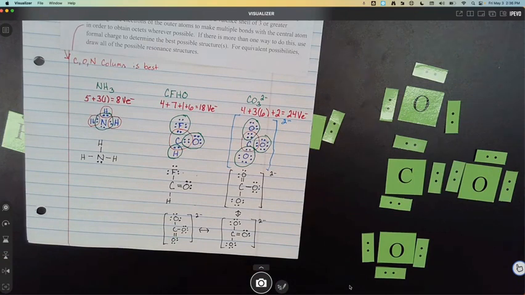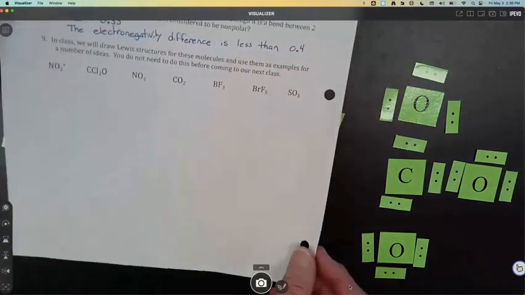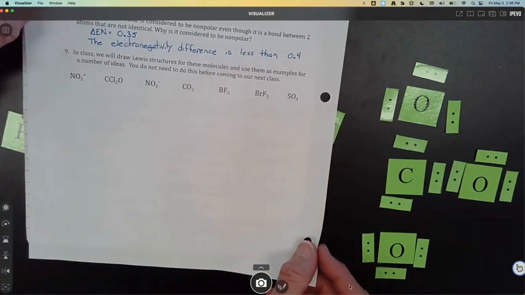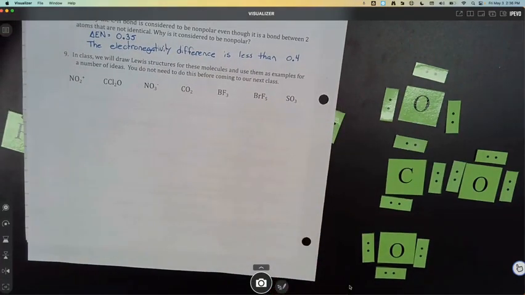Okay, before we jump to formal charge, we're going to take some time to practice drawing some Lewis structures. And I want you for now to make use of the little paper kits while you do this. On the back of your sheet that you took some notes on from your textbook, there are some molecules. I would like you to build Lewis structures on your desk for all these molecules.